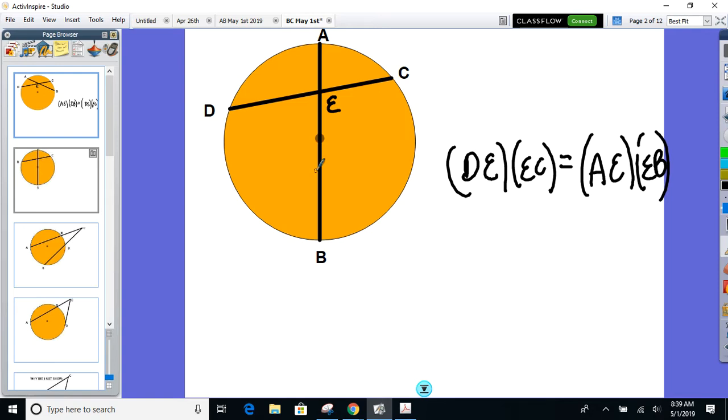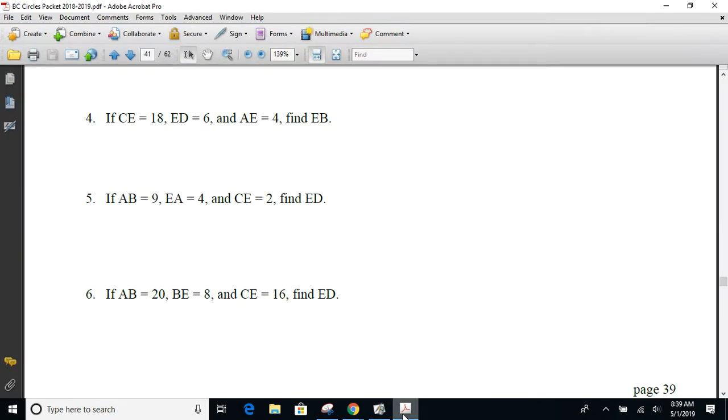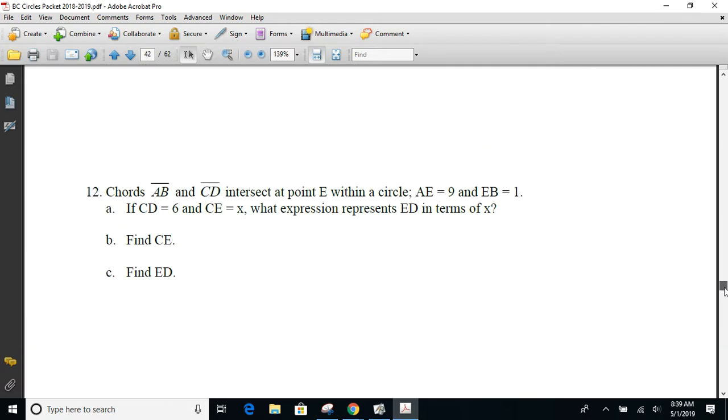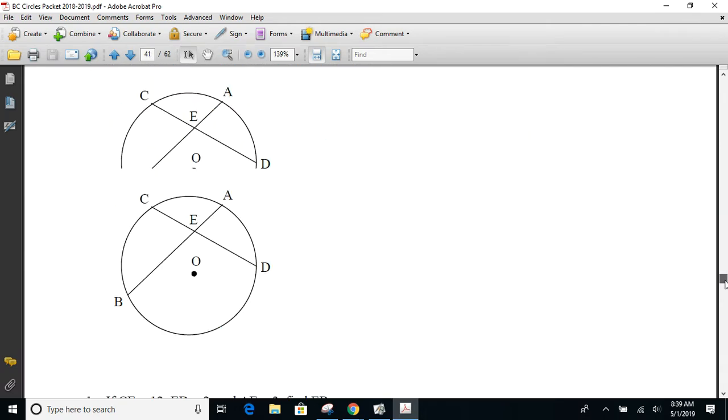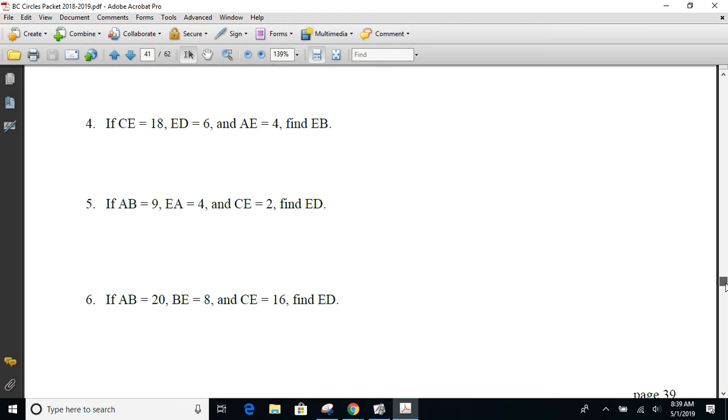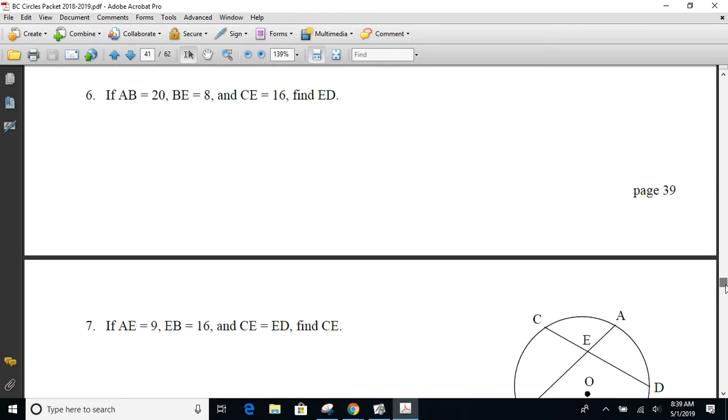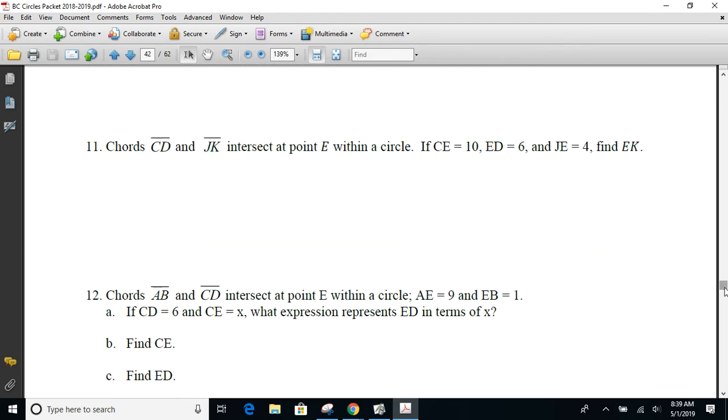That was Monday. Let me go to the homework for Monday because I want to stay in order here. Page 39 and 40 you had, in your packet. Is there anything you wanted to go over right now before we put this to rest?